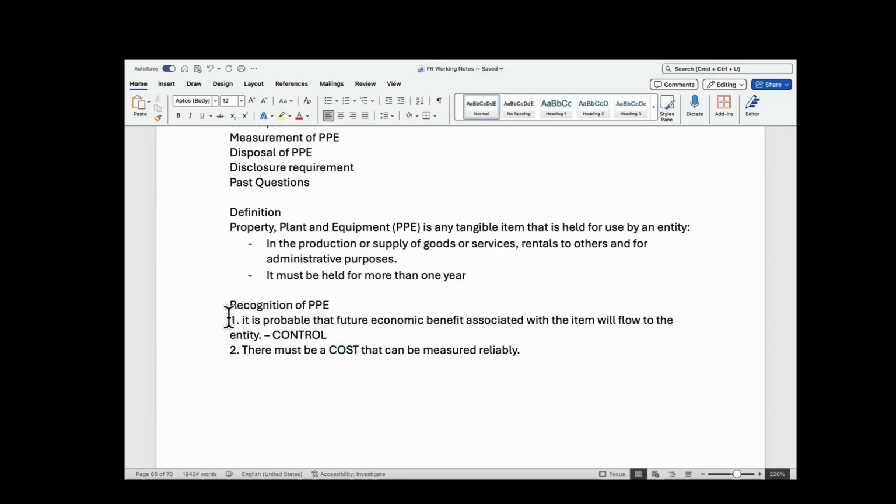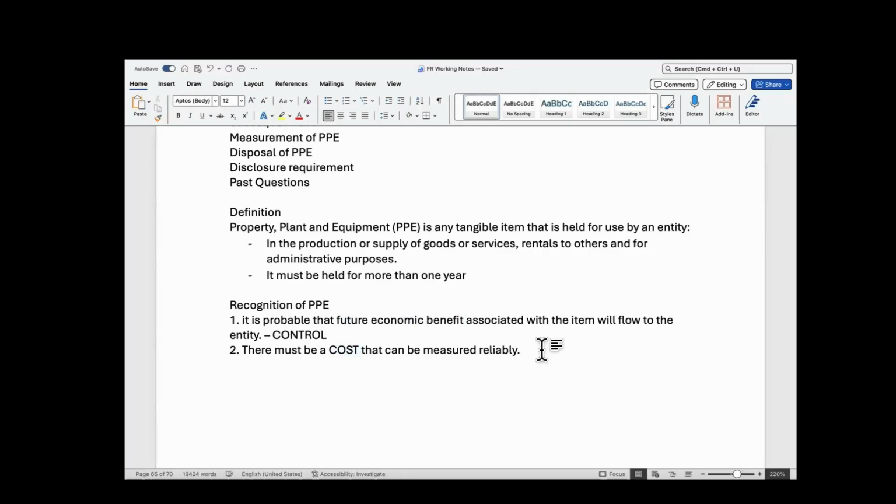So these are the two criteria that must be met before you can recognize an item of PPE in your books. Future economic benefits, the item must be able to generate that. The item must also have a cost.